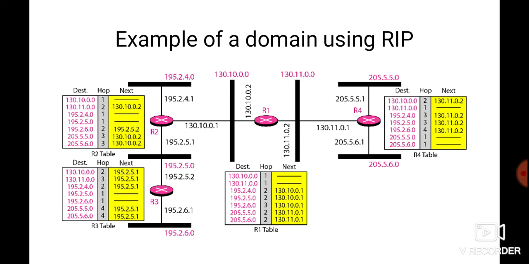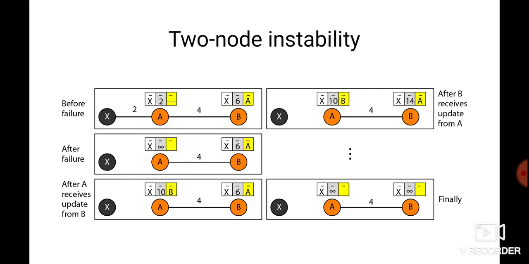See here, router R1 is directly connected to 130.10.0.0 and to 130.11.0.0. From these two networks R1 is directly connected, so the hop count will be 1 here.